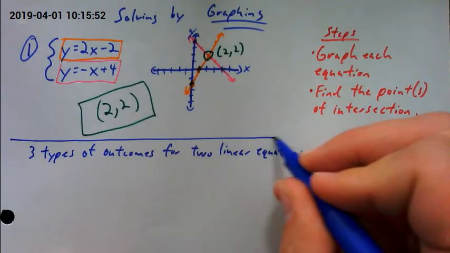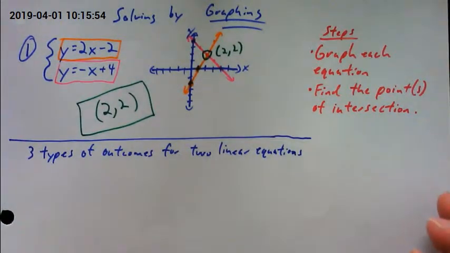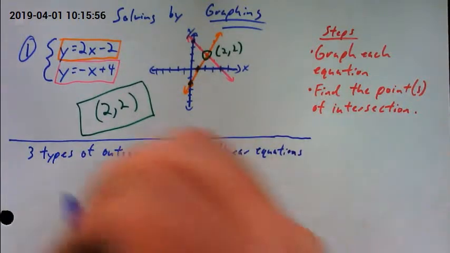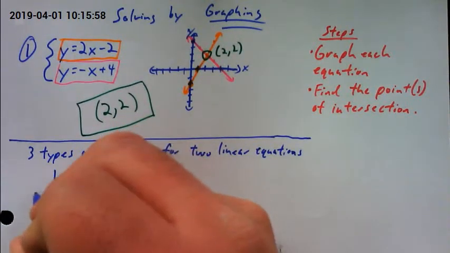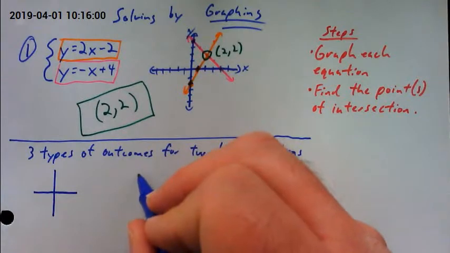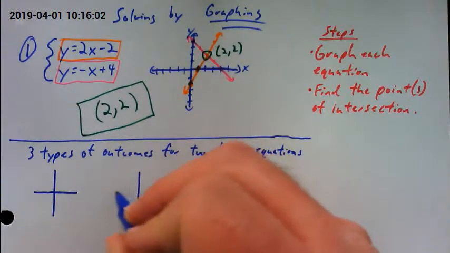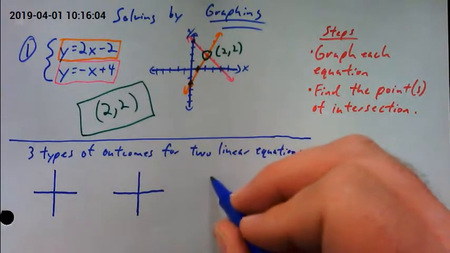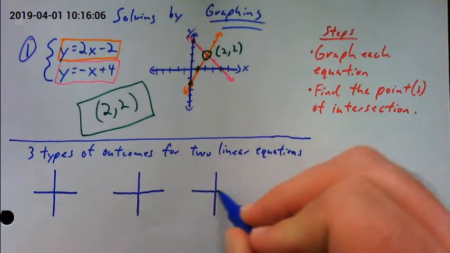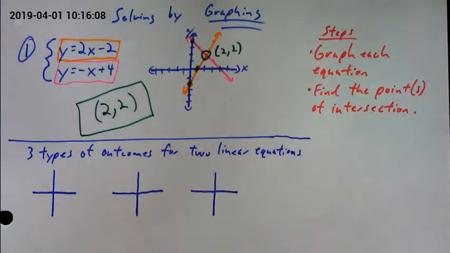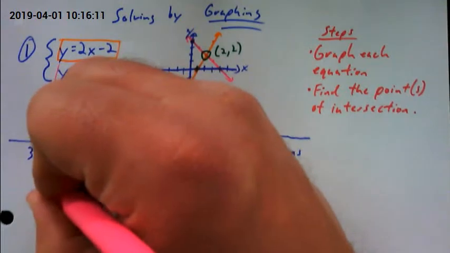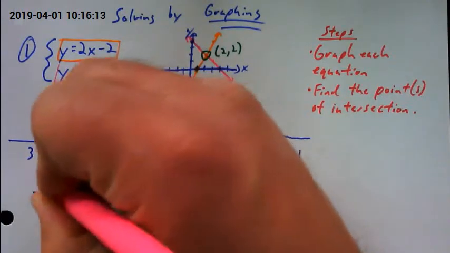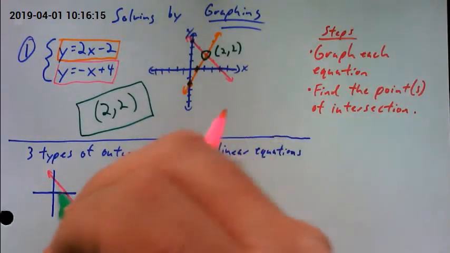Like I said, the majority of what we're going to do is going to be linear equations. So I'm going to draw 3 graphs. Again, these would just be sketches, nothing fancy. First possibility is that we get 2 graphs, kind of like what we had on the first one.